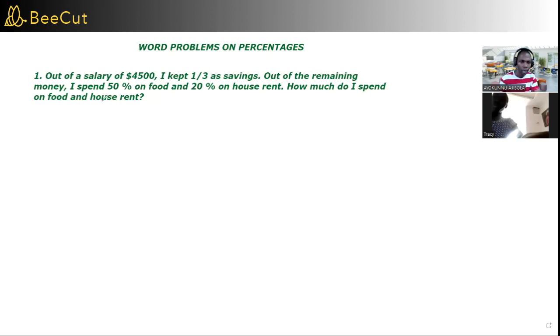So, how much is the total salary? Total salary is 4,500.